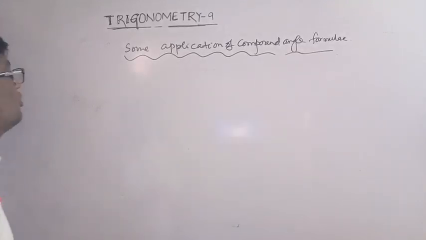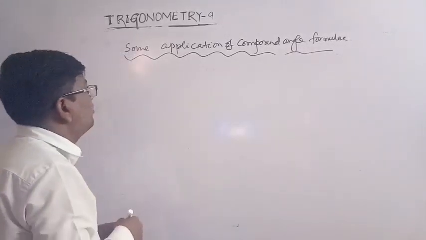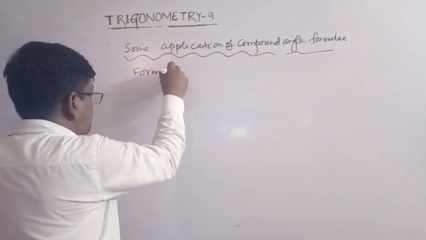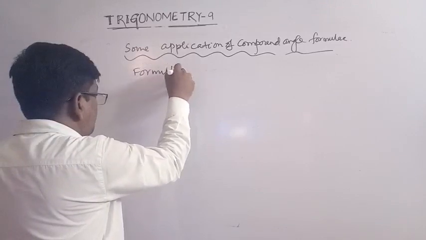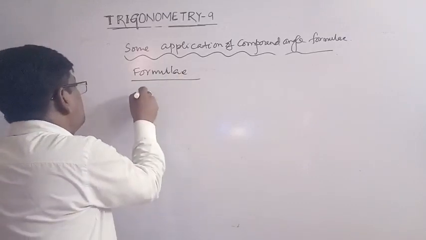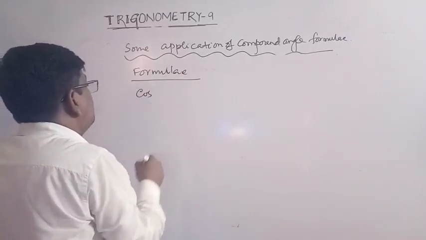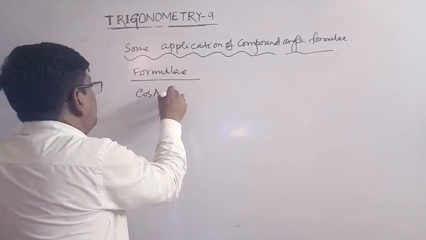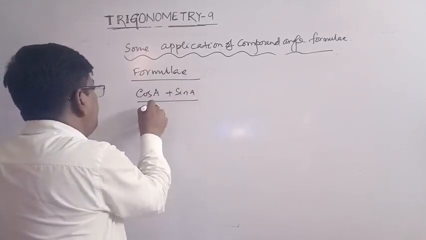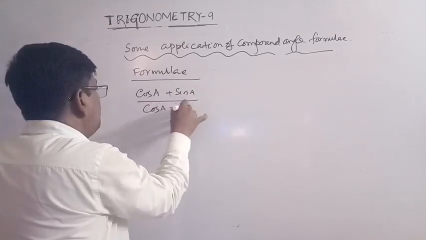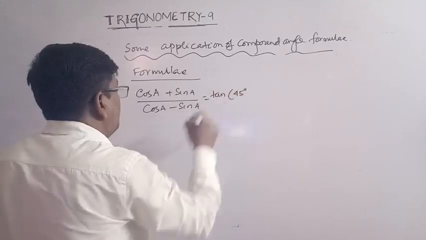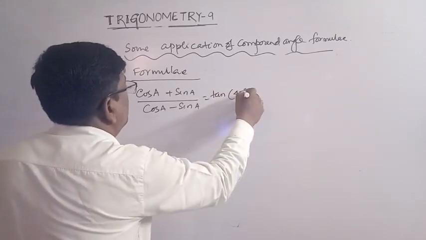Now other applications of the compound angle formula. Some formulas derived from the compound angle formula are very, very important for 1 mark questions. For example, (cos A plus sin A) divided by (cos A minus sin A) is equal to tan (45 degree, or pi by 4, plus A).